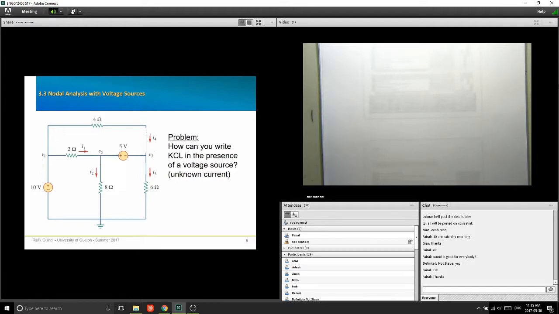How can you write KCL in the presence of a voltage source? Now, to write a KCL, you have to know what is the current that you have in that particular branch. Because KCL gives you a relationship between the currents entering a node and currents leaving the node.